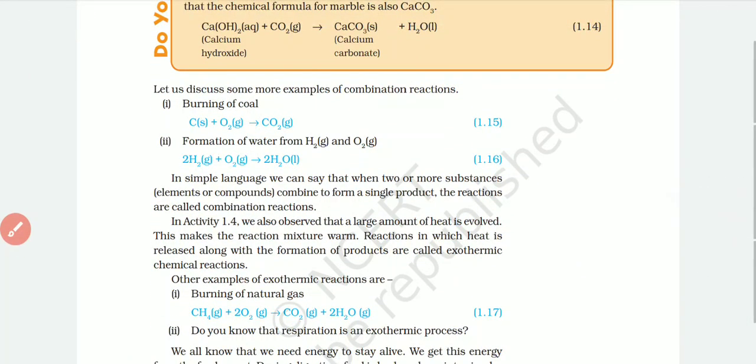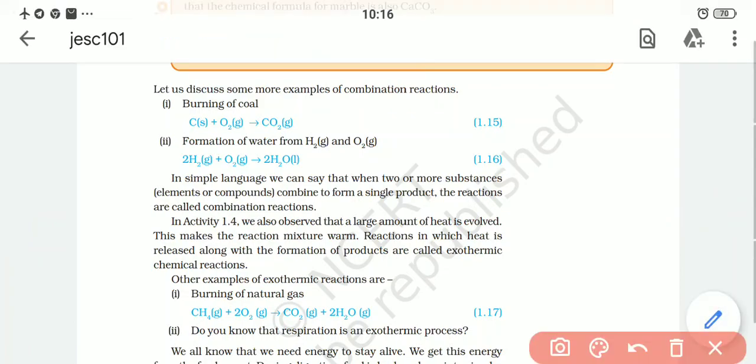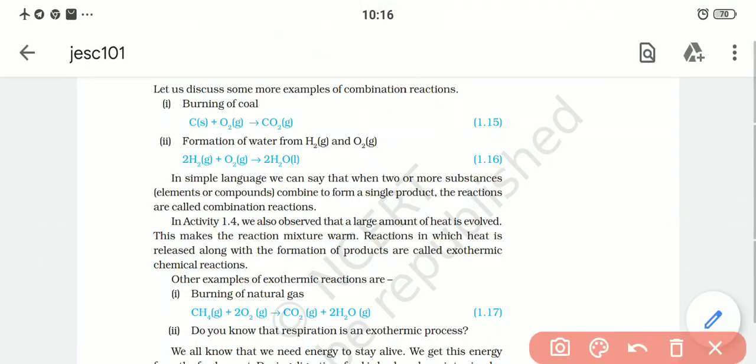In simple language, what is the definition of a combination reaction? When two or more substances, elements or compounds combine to form a single product, such a reaction is called a combination reaction.